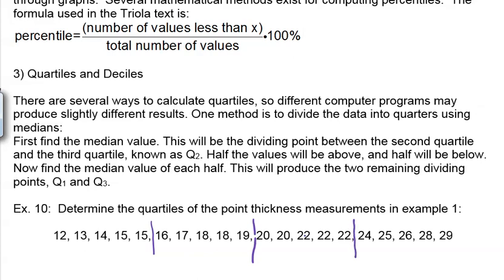Sorry, a quarter of our data points and a quarter of our data points, right? So we cut our halves in halves. So if we look at that, that would be our 4 quartiles. So when we're calculating that, that first line I drew, we would say is Q2. It's the second quartile, or the median.